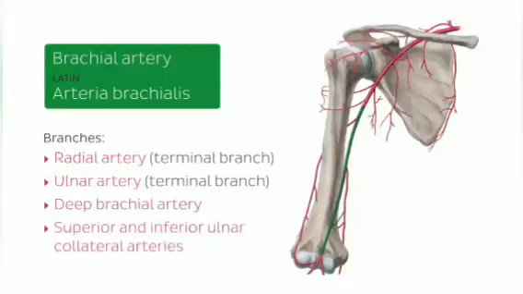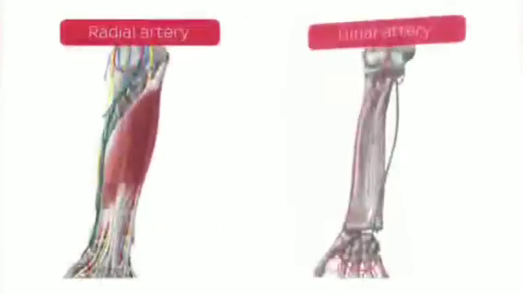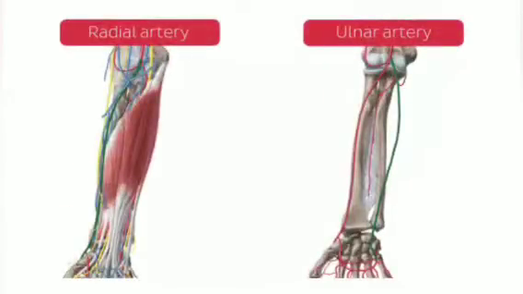Since we already mentioned them, it is worth talking about the radial artery that you see here highlighted in green on this image, and the ulnar artery that you see also highlighted in green on the right image. Keep in mind that on both of these images, we're looking at the anterior view of the forearm.